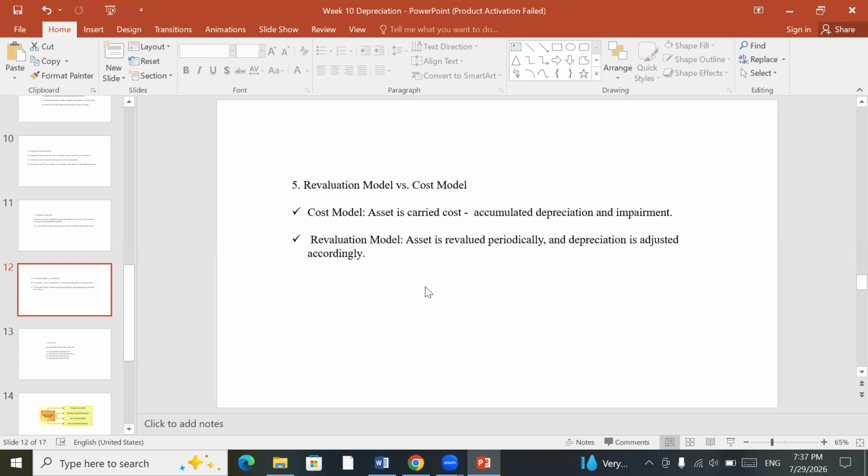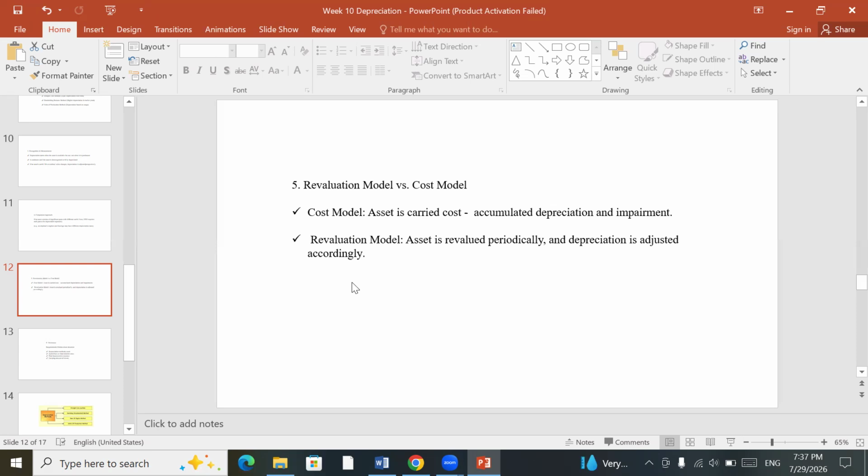Revaluation model: the asset is revalued periodically, and depreciation is adjusted accordingly. After one year or two years, you may apply this revaluation model.